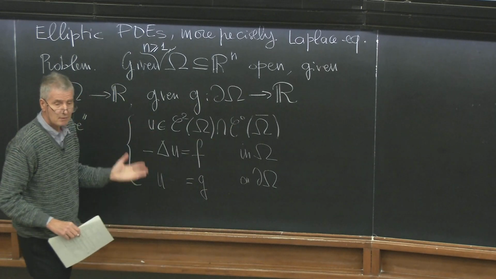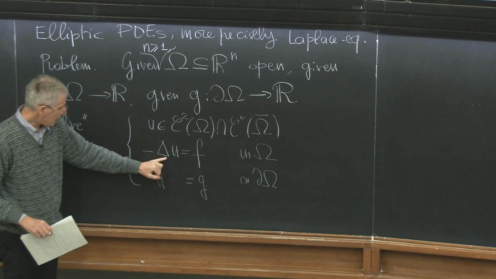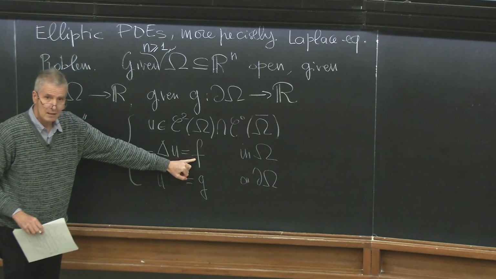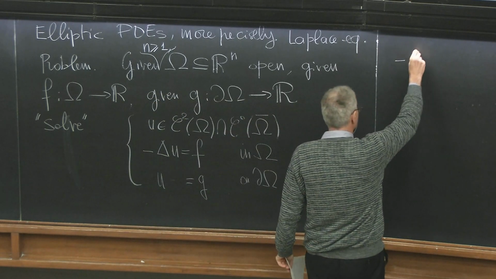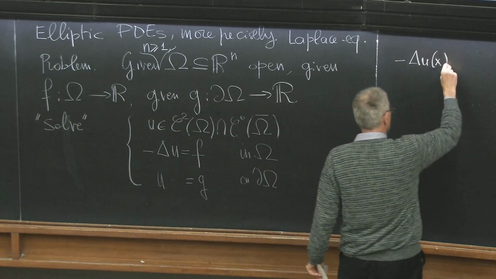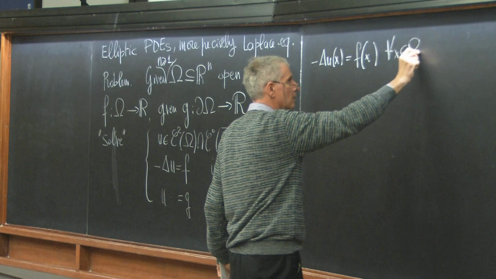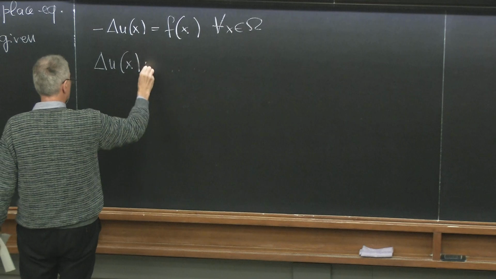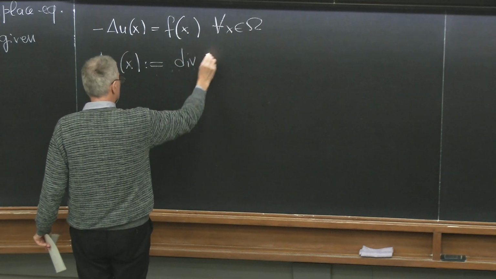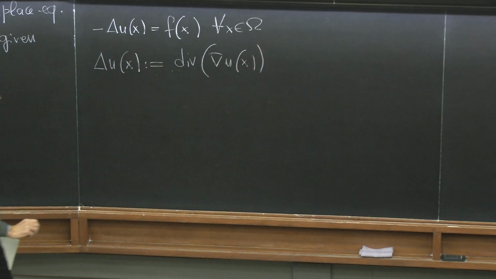Well, because the problem is written in a classical form, which means that I want this to be valid at any point x in omega. So this means minus Laplace of u at x equal f of x for any x in omega, where this symbol is by definition the divergence of the gradient of u at x. The divergence of the gradient of u.